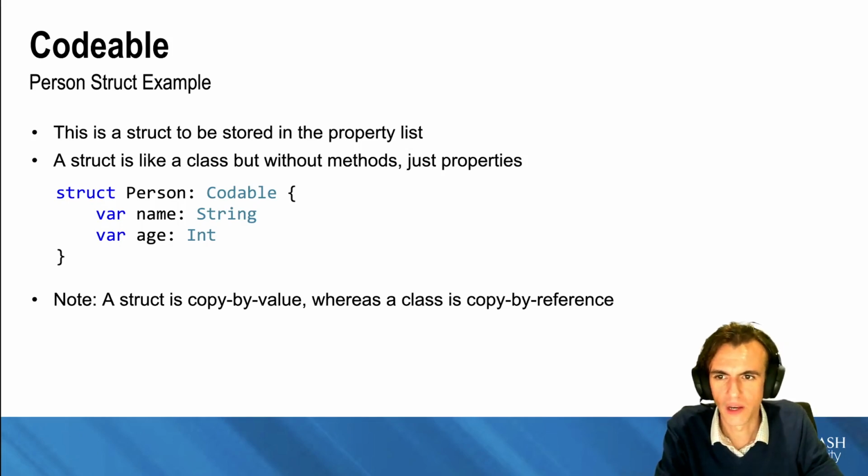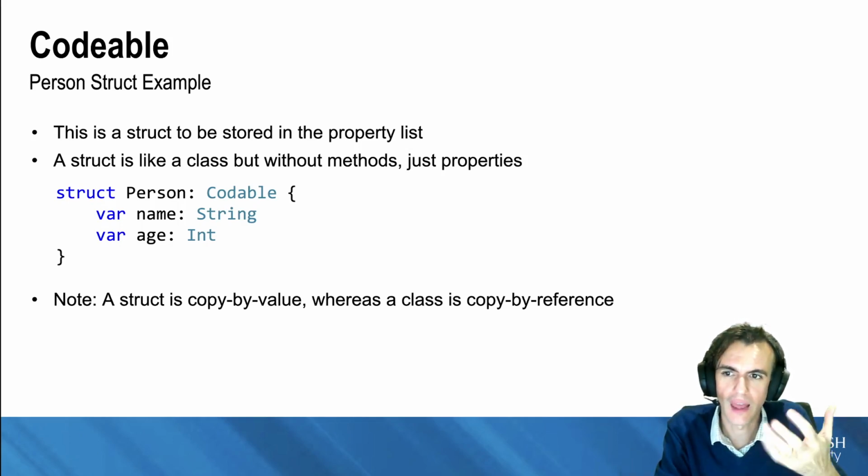Okay. The other thing that's really important to know about structs and where Swift behaves differently with them is when you assign a struct to a variable, so you say something like let var equals and then give it an instance of a person struct, you get a copy of it, and anything you change in that copy does not change the original.